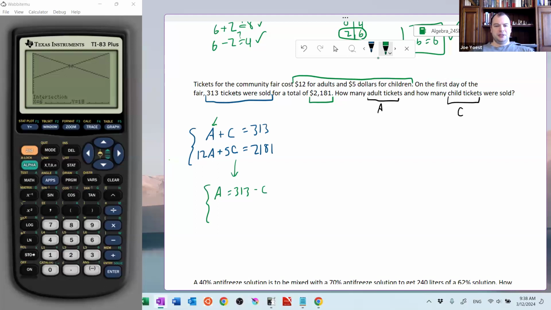In the second equation, it's a little more complex. So let me come off to the side here and solve for A. Well, first I want to isolate my variable term. I do that by subtracting 5C from both sides. And then I want to isolate my variable. I do that by dividing by 12 on both sides.